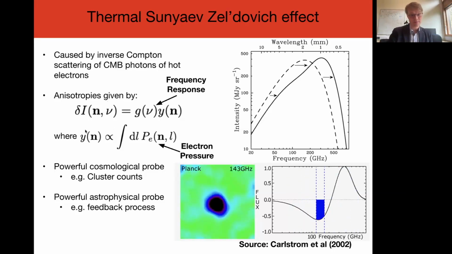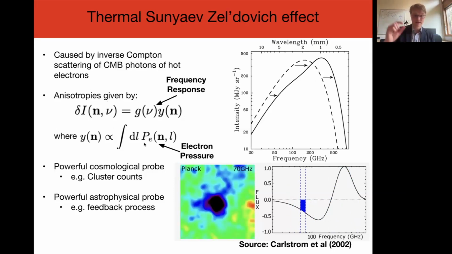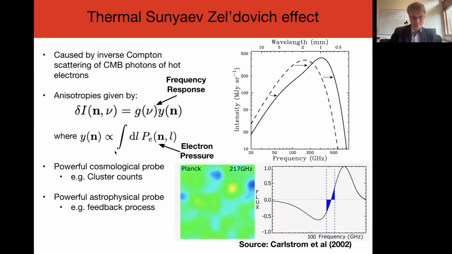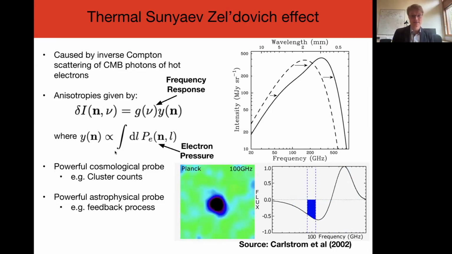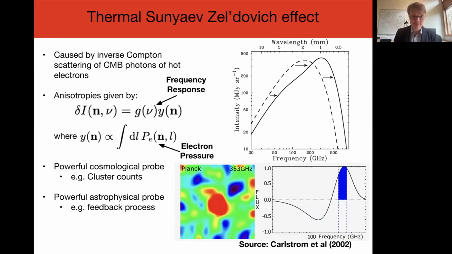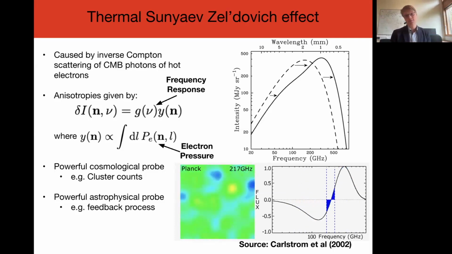The Compton Y parameter tells us about the integrated line of sight pressure along that direction in the sky, n. This is really powerful both as a cosmological probe, as I'll show, it's a very useful way of identifying galaxy clusters, but also through its dependence on the pressure, a really interesting probe of the astrophysics of these objects.